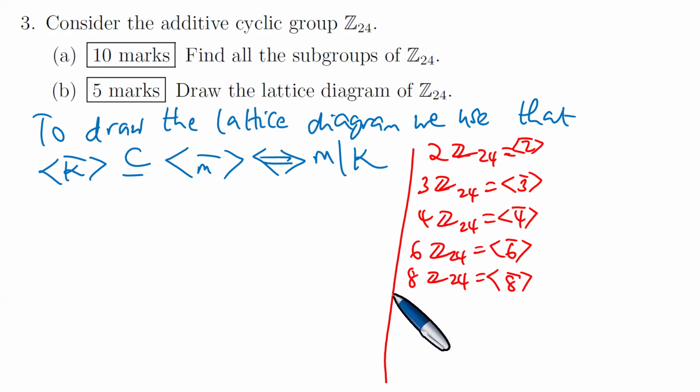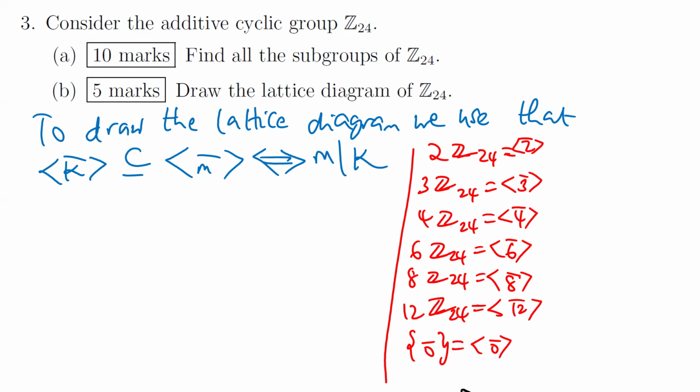Okay, what else are we missing? We also have 12 Z24, which is 12 bar. And then we also have 24. I can write it like that, but for the purposes of this course, it's popular to write it like this.